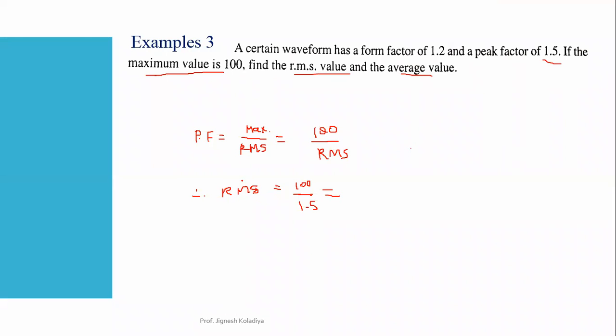Now RMS value is there and form factor is there, so all of you can find the average value, because it is the relation between RMS and average. Form factor is equal to RMS upon average.